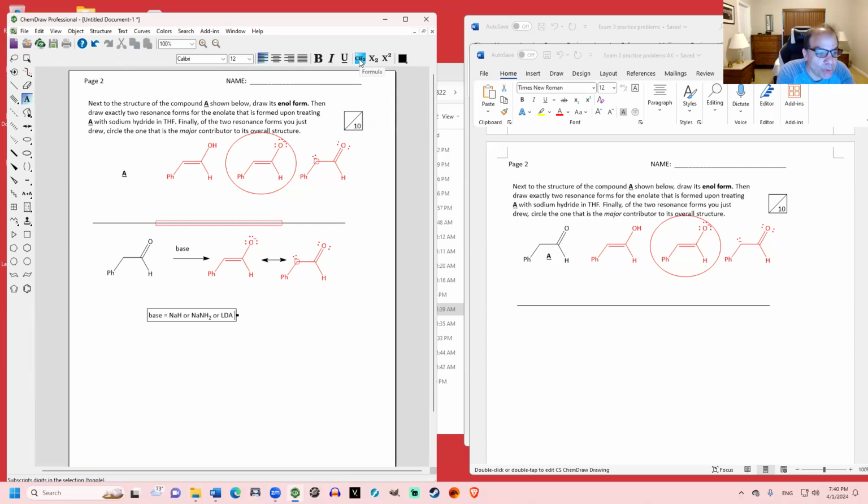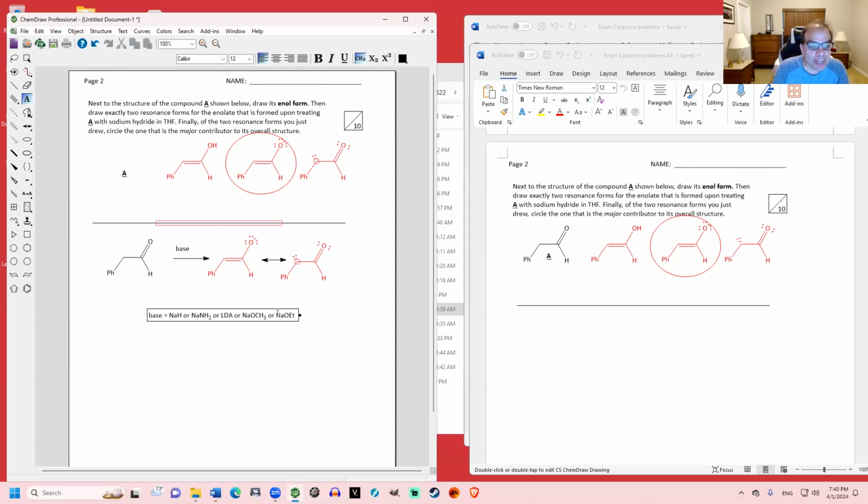Or one thing I didn't really stress in class today is you could also use the alkoxide bases. Any of those bases are fine for deprotonating next to a carbonyl.